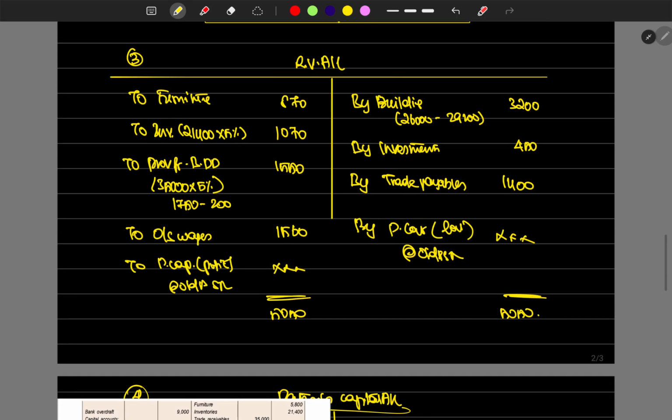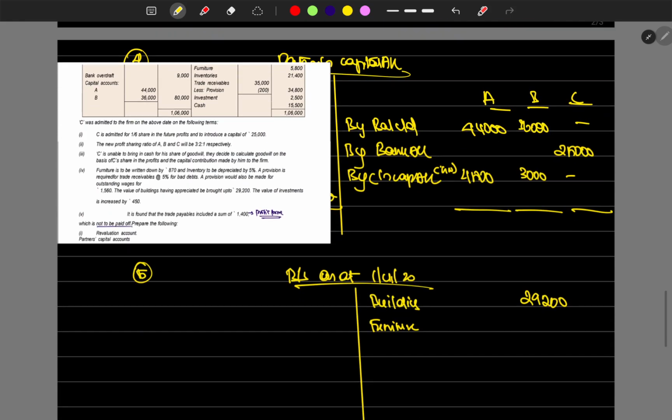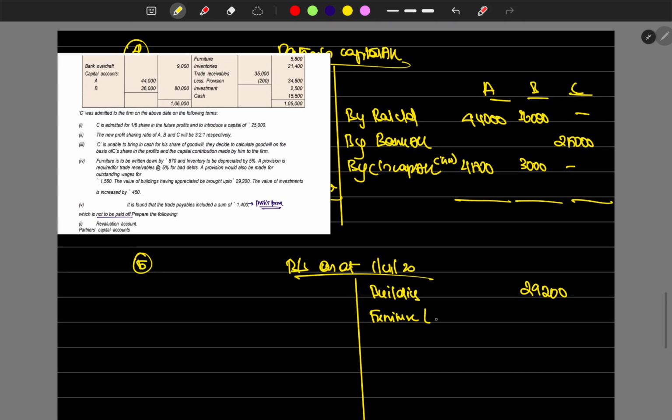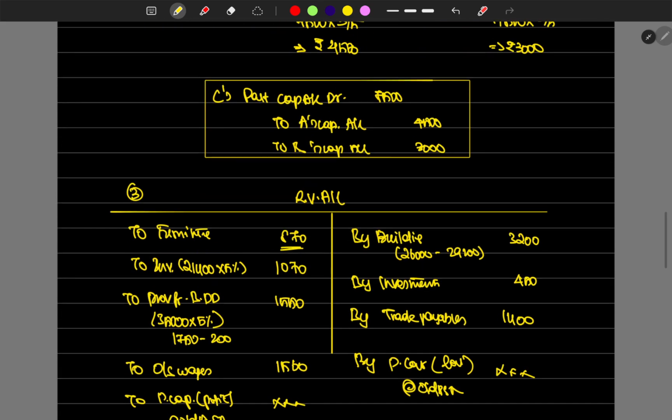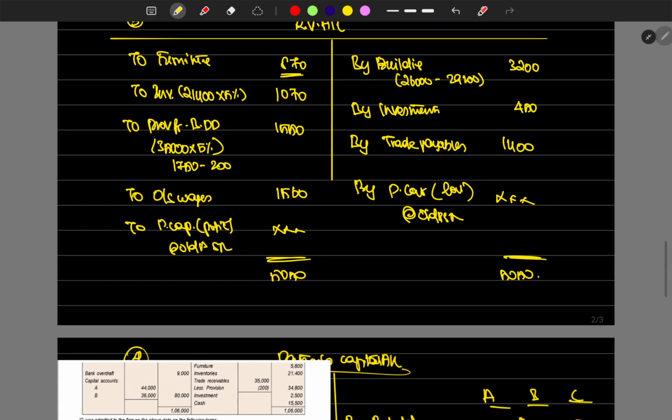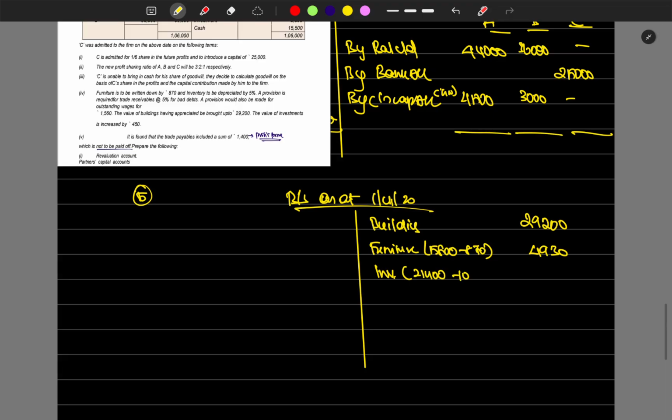Furniture has depreciated by 870. So furniture is 5,800 minus 870, which is 4,930. Then inventories is 21,400. Is there any change in inventory? Yes, there is a depreciation of 1,070 worth. 21,400 minus 1,070, which is 20,330.